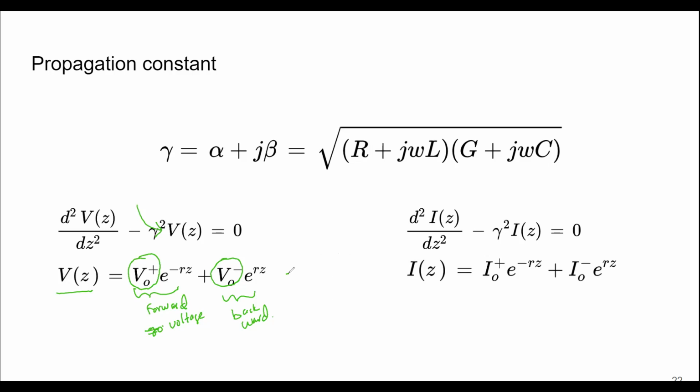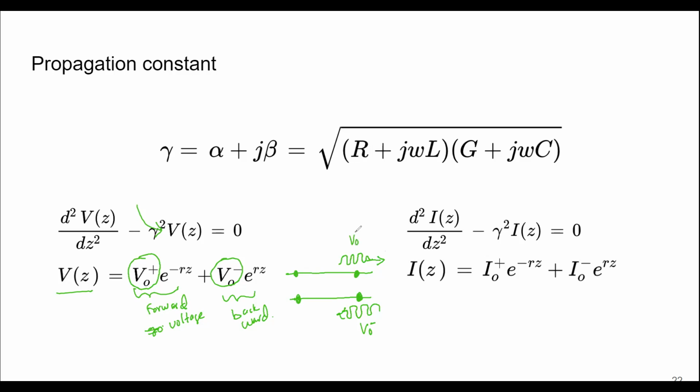For example, we take a transmission line, and we have our voltage wave going like this at a certain location, and at the same location we also have the backward going voltage. The backward going voltage has the magnitude V naught minus.